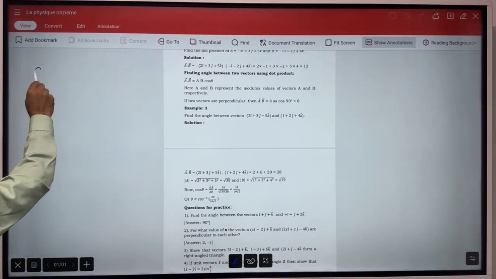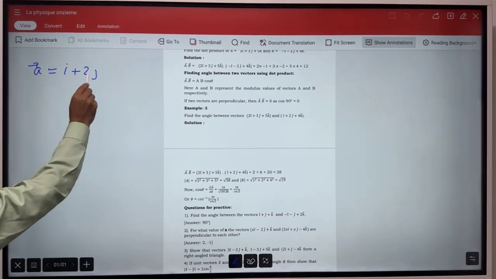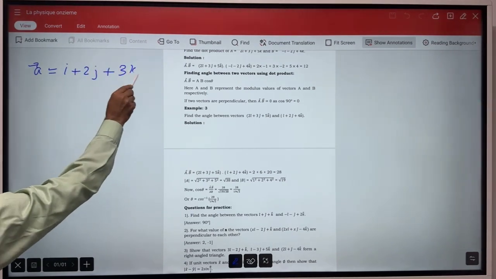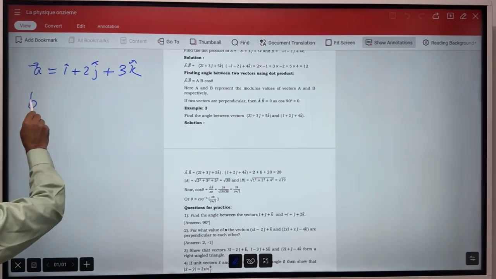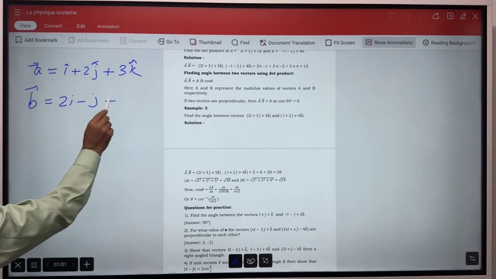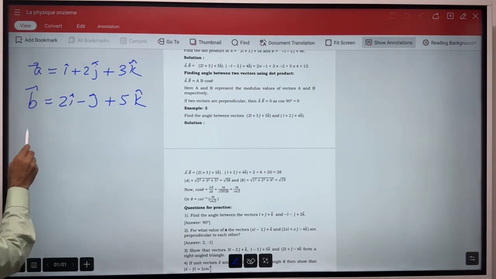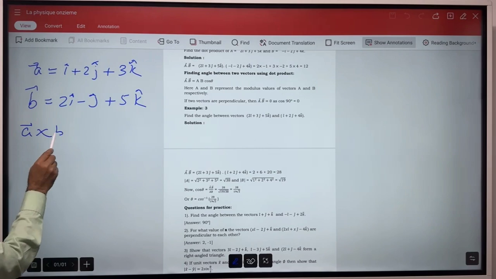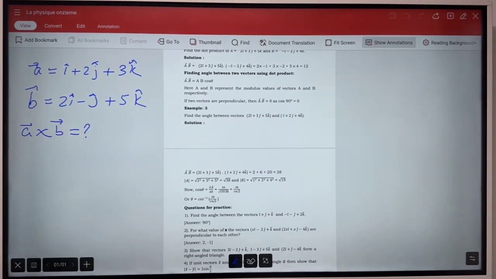So let's see another vector. Suppose vector A is given by I plus 2j plus 3k, and vector B is given as 2i minus j plus 5k, and we have to find out A cross B. You have understood the process of how to do it.